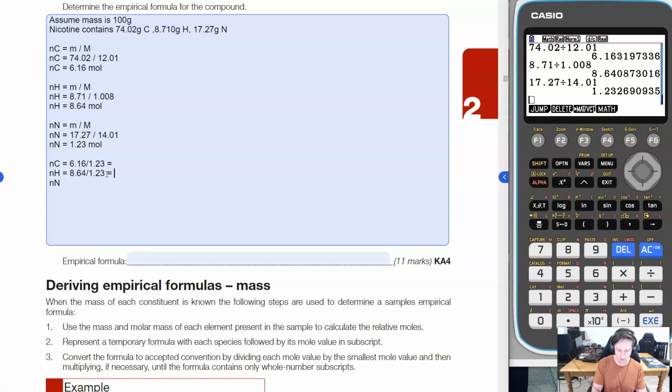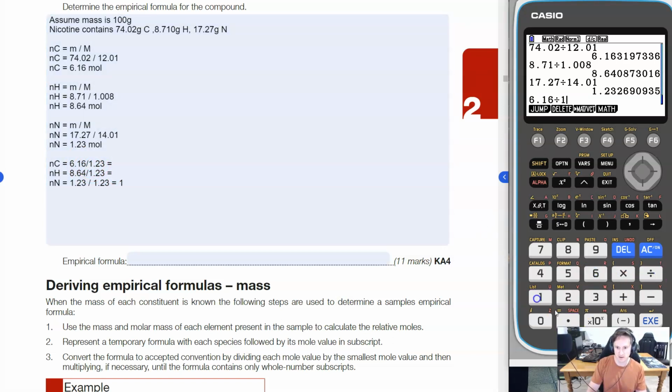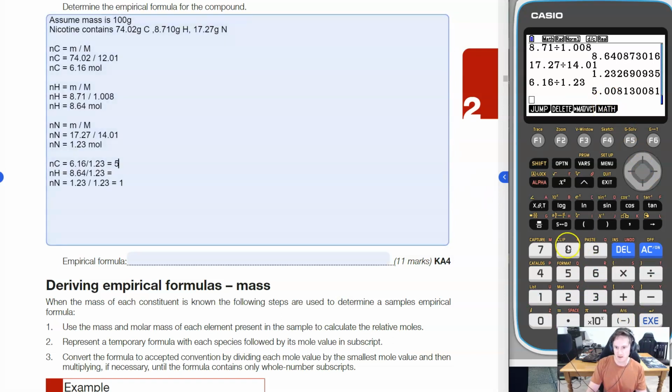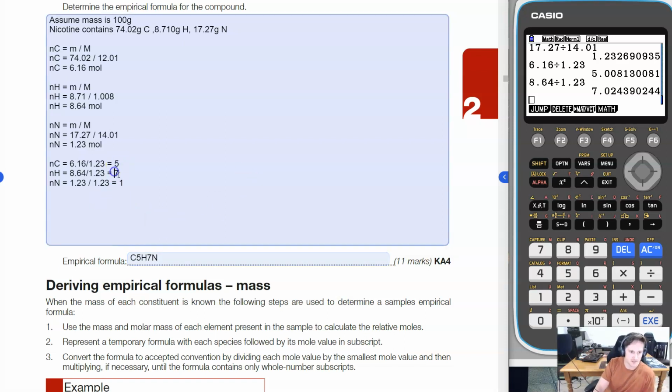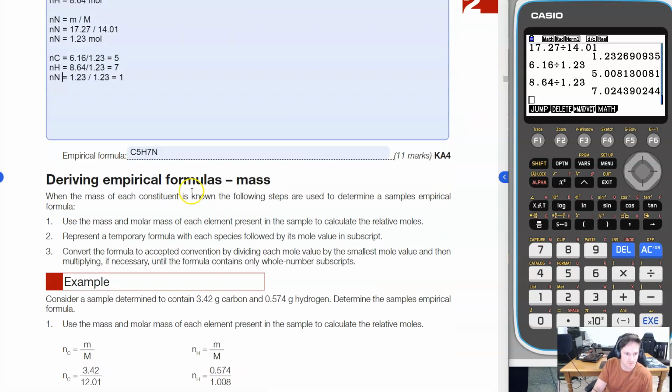You divide all of them by the lowest number, and the purpose of that is bringing the lowest one to 1, and everything else is compared to 1. So 6.16 divided by 1.23 is close to 5, and 8.64 divided by 1.23 is close to 7. So the empirical formula is C5H7N. Okay, so 5 to 7 to 1, carbon to hydrogen to nitrogen.